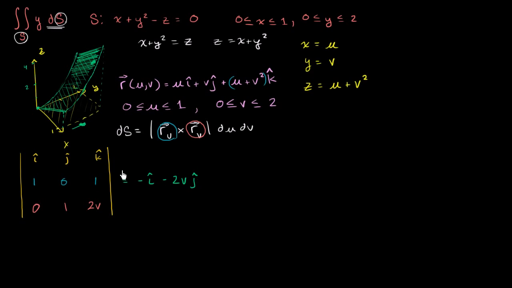And then we find the k component. Cross out that row, that column, 1 times 1 minus 0. So it's going to be plus k. So the magnitude of this whole thing, the actual cross product, is just going to be the square root of negative 1 squared, which is just 1, plus negative 2v squared, which is 4v squared, plus 1 squared, which is just 1.